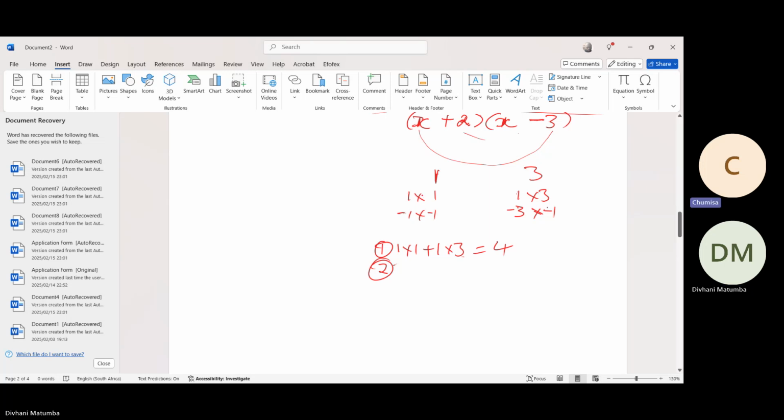Number 2, remember you have to go back to the same combination you were doing. You must do it on both. You must start with that one and then do that one, then when you're done, you come to this one and attack the 2. That's how you do it.